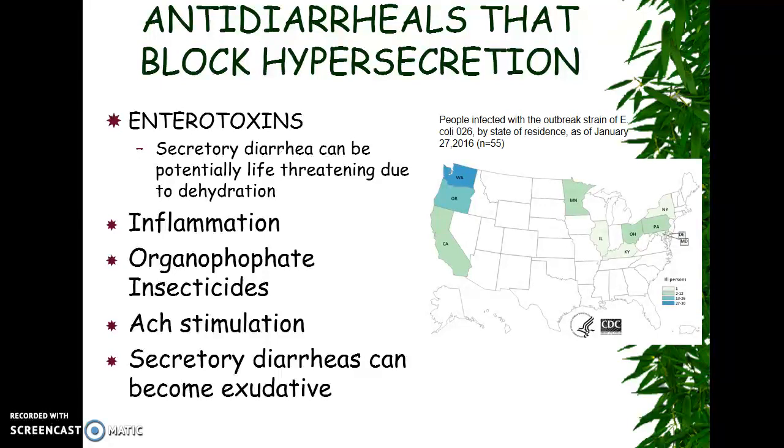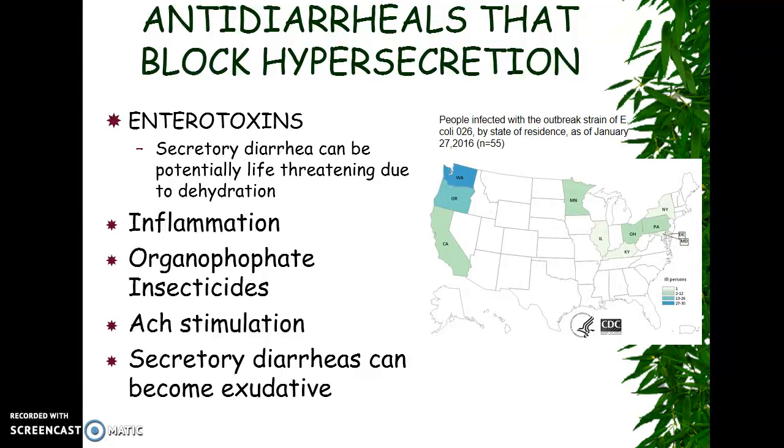Organophosphate insecticides cause an overstimulation of the parasympathetic nervous system, and so we get a lot of secretion that we wouldn't normally have as part of the toxicity of those insecticides. Anything that stimulates the parasympathetic nervous system can cause some of this oversecretion to occur.